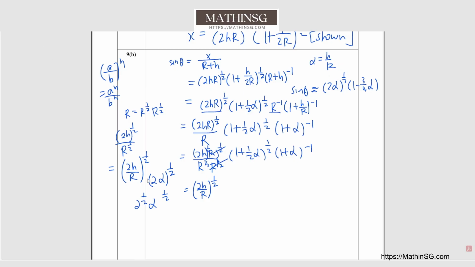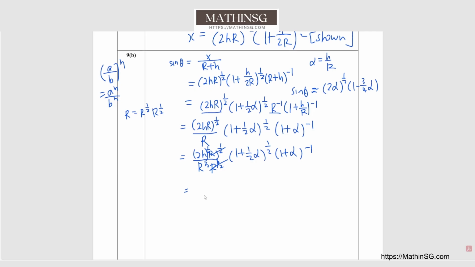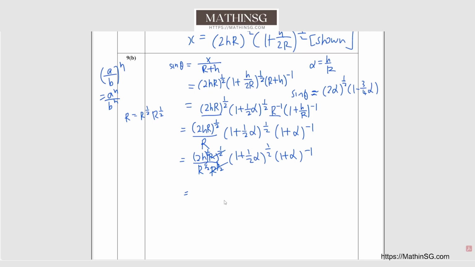So I'll just leave it as this. Okay, let me erase this portion here. Okay, so I know that this can be rewritten as 2 alpha. Okay, so I have this.